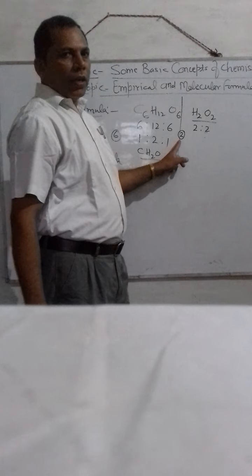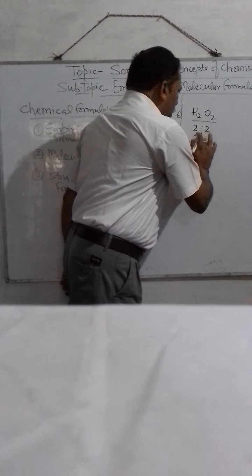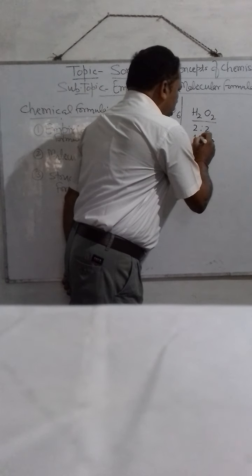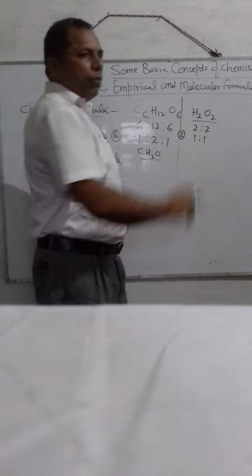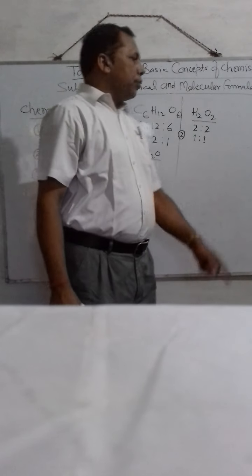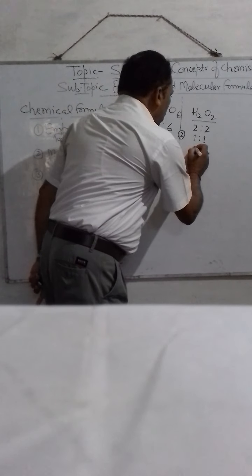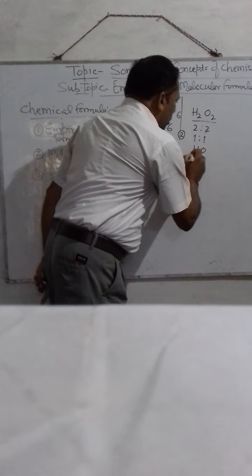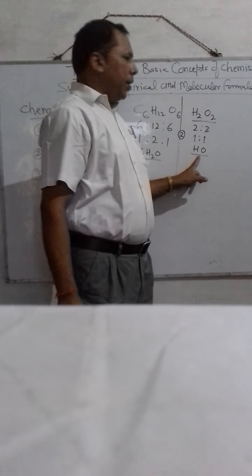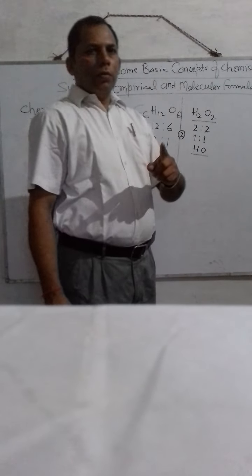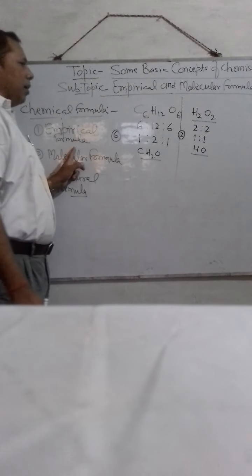Taking out 2, the ratio of hydrogen and oxygen becomes 1:1. So the empirical formula of hydrogen peroxide will be HO. Clear? So this is the concept of empirical formula.